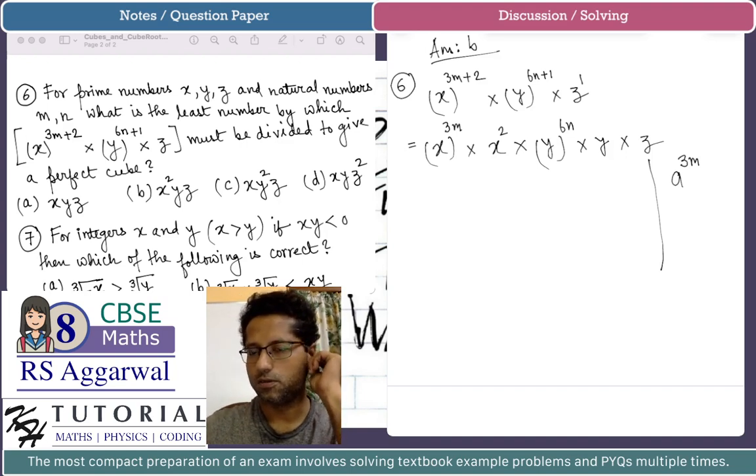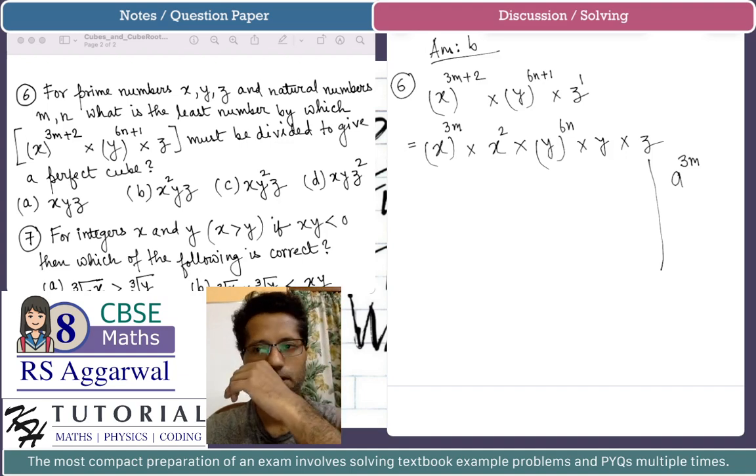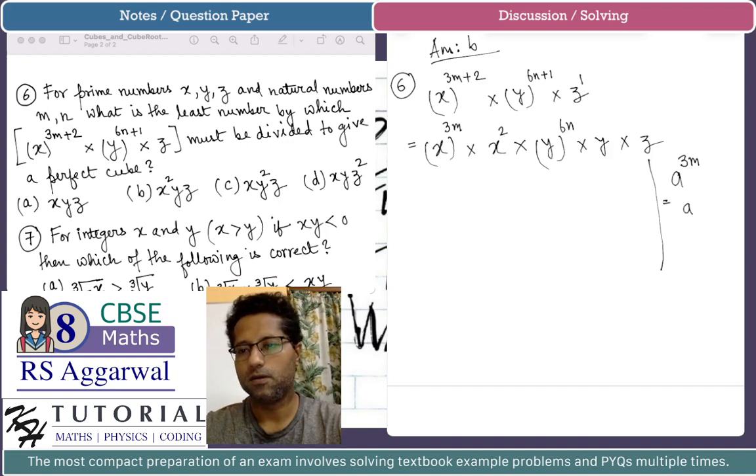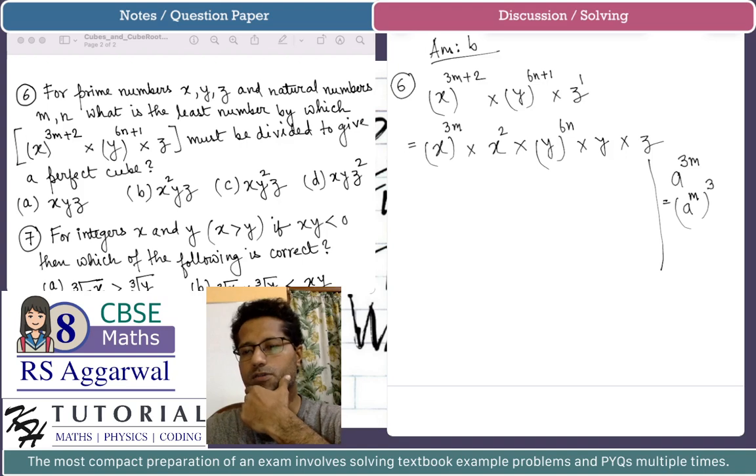So this number a to the power 3m, where a is some prime number, will obviously be a perfect cube, because this can be rewritten as a to the power m and whole raised to the power 3. So a is a prime number and m is a natural number, so a to the power m will obviously be a natural number. And the cube of any natural number is obviously a perfect cube.